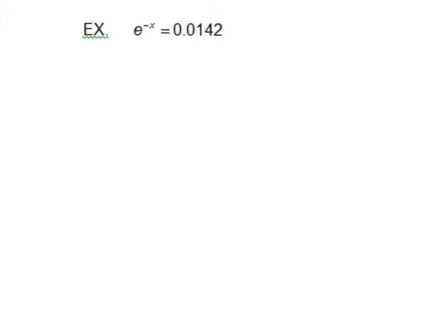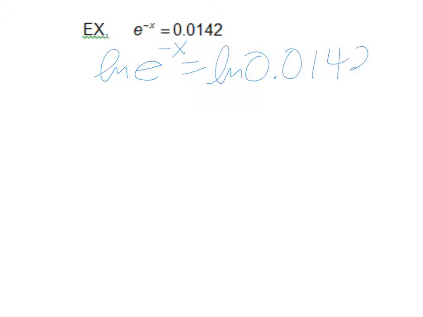This equation has the number e in it, and to cancel out the e, you have to do the inverse of e, which is natural log. So to get rid of an e, you natural log both sides. So I have natural log of e to the negative x equals natural log of 0.0142. The natural log and the e cancel. The x just drops down.